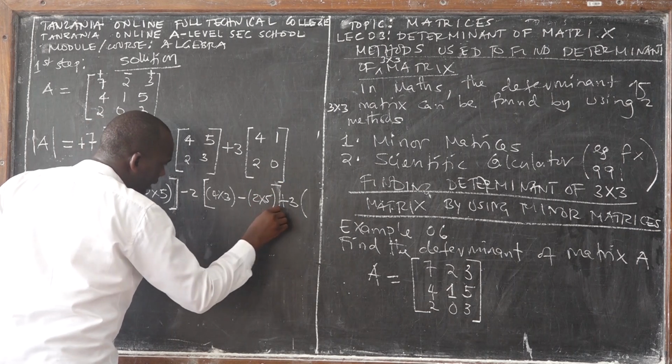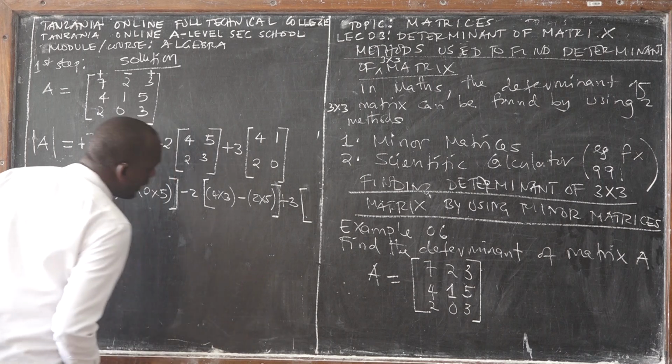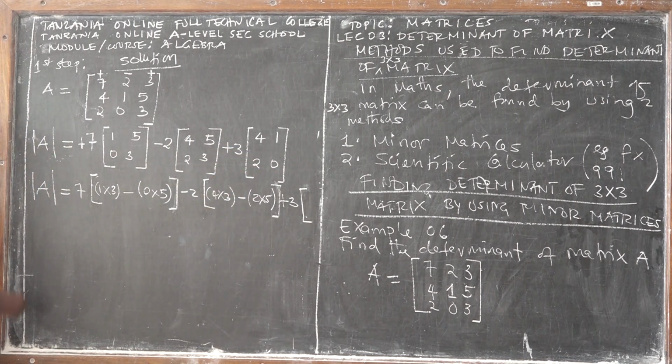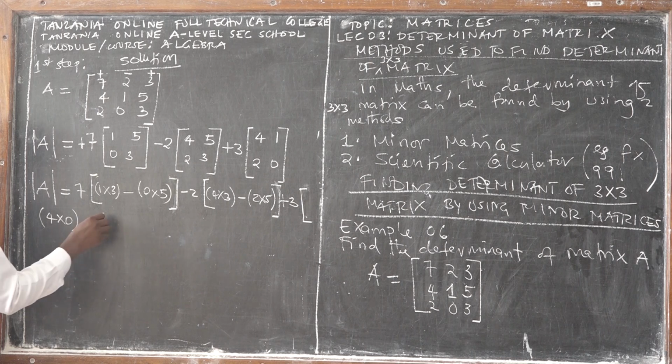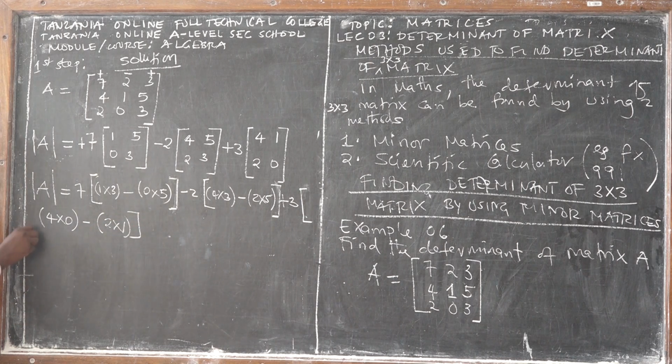Then what is the main diagonal there? 4 times 0. Minus 2 times 1. Then close the square bracket. Just let us find it together, and then you'll do it yourself.